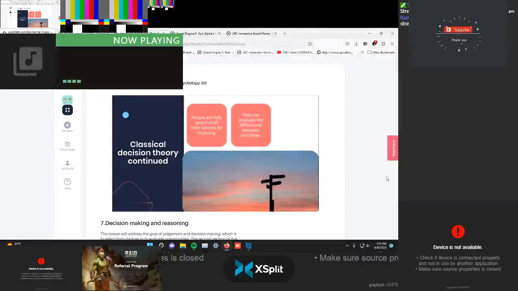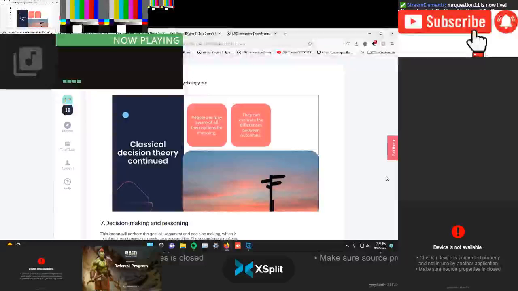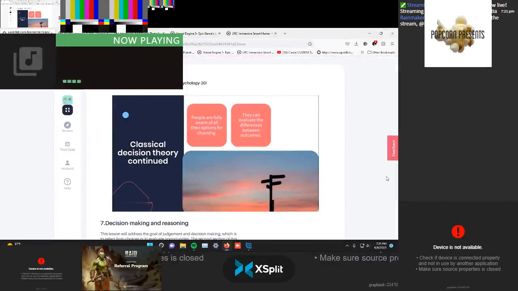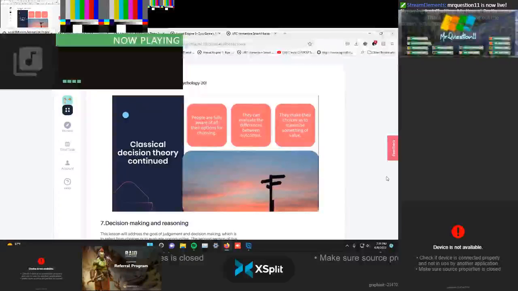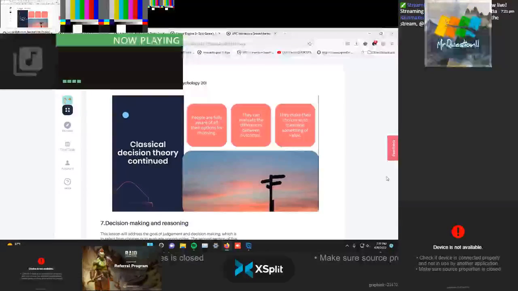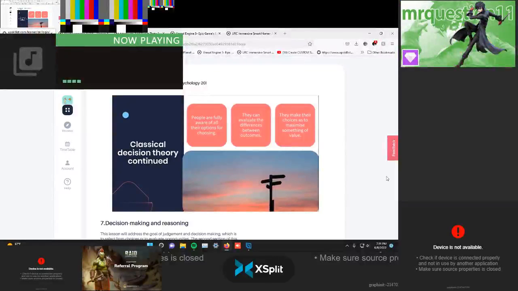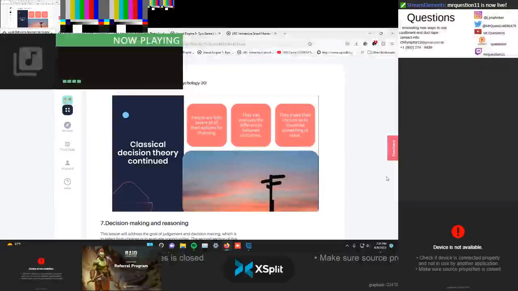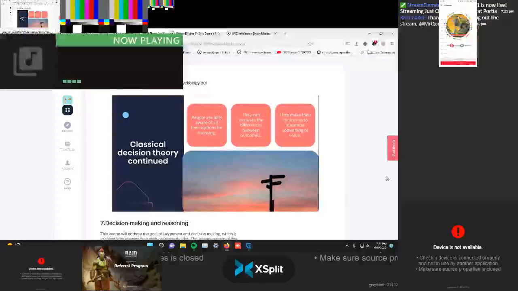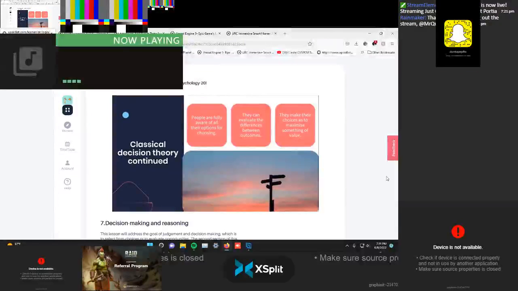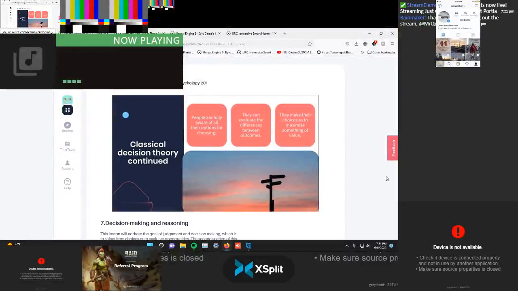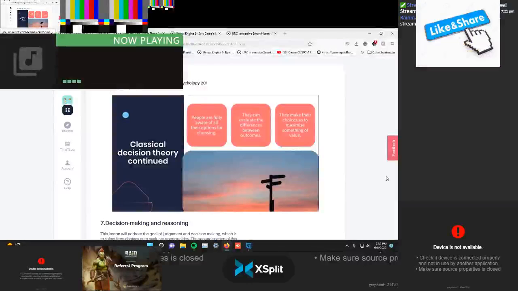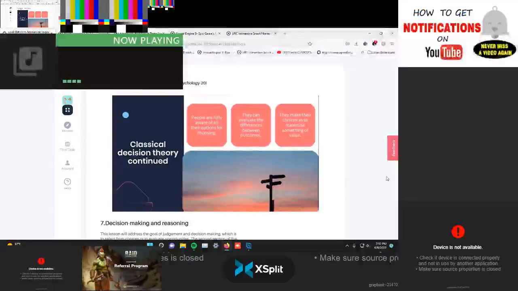It also notes that people make their choices as to maximize something of value, whatever that something may be. People will thus make a decision which will give them the best possible value in any given decision-making situation.